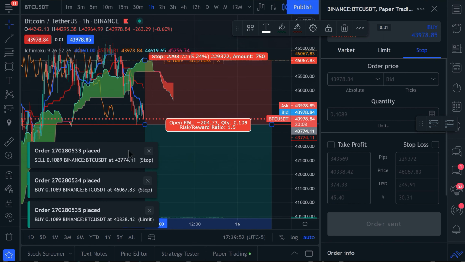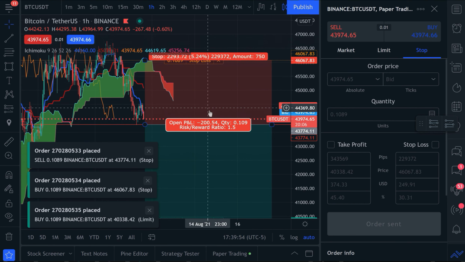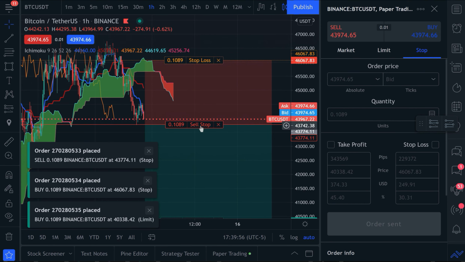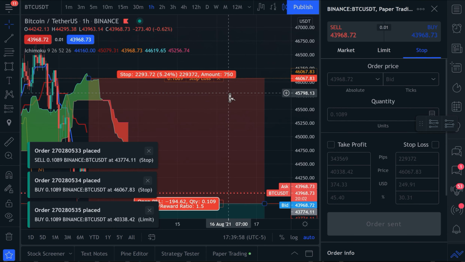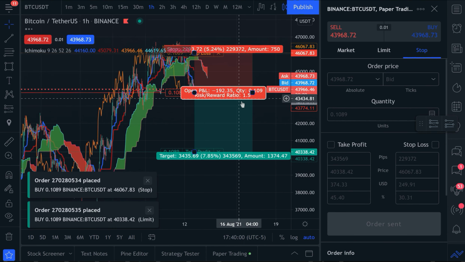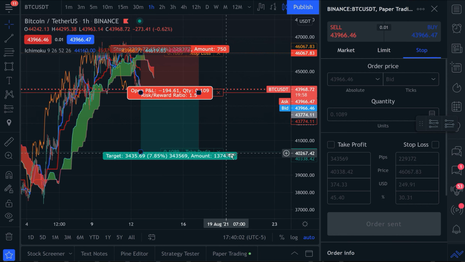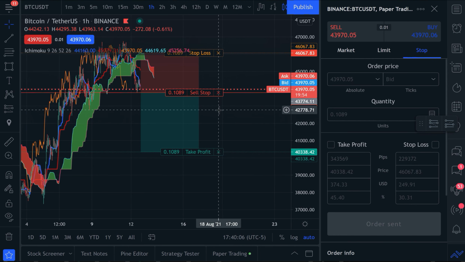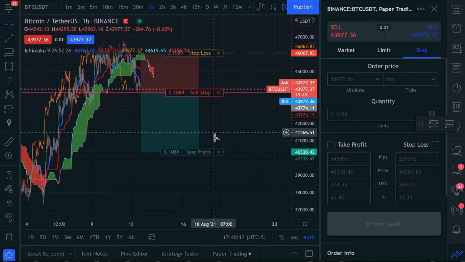And as I said, you can see that we have a sell stop here. So I have an order that is not triggered right now, but it will activate as soon as the price goes down. So I use the stop for this operation.